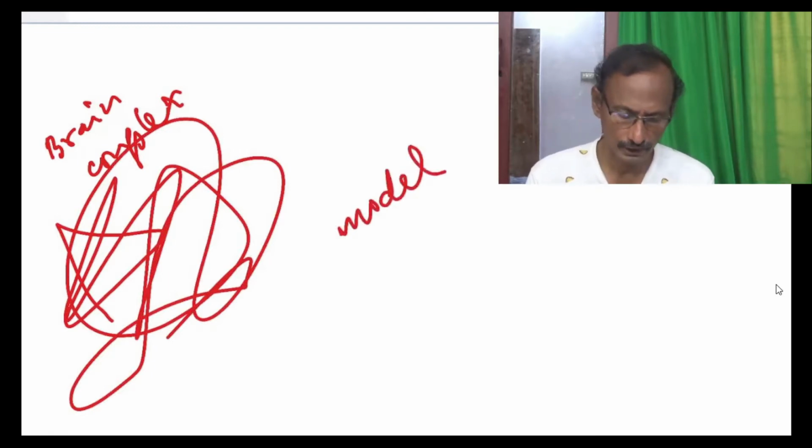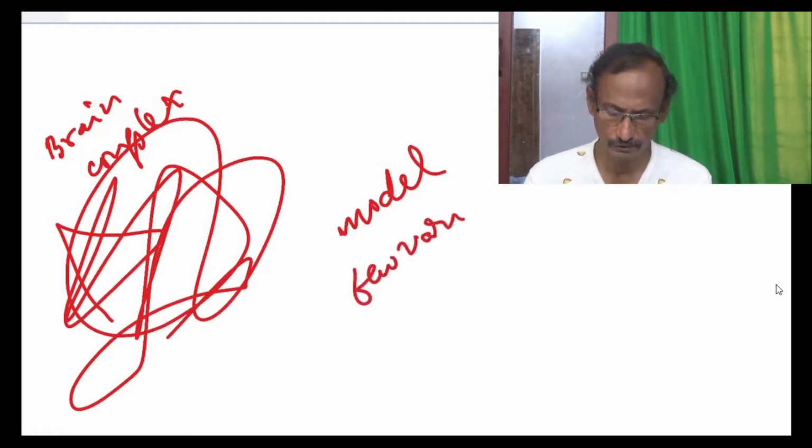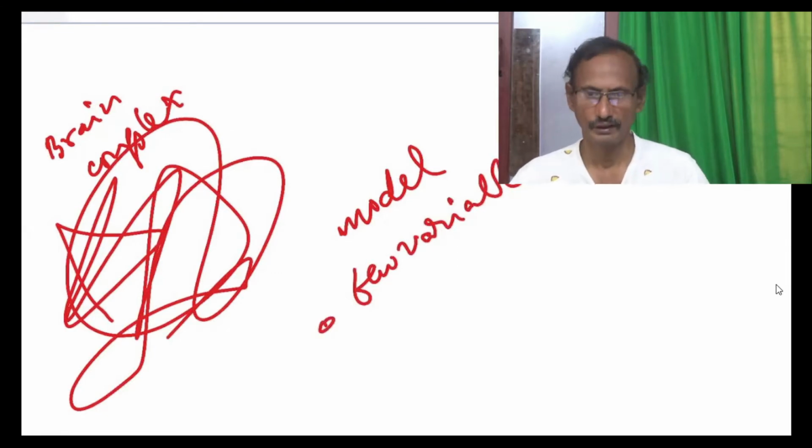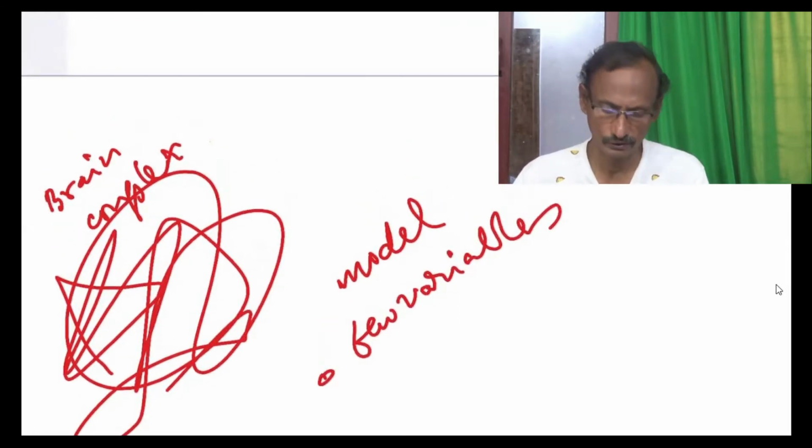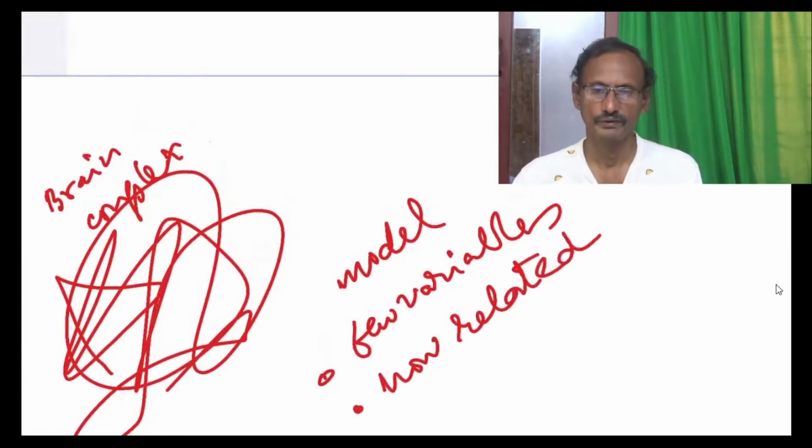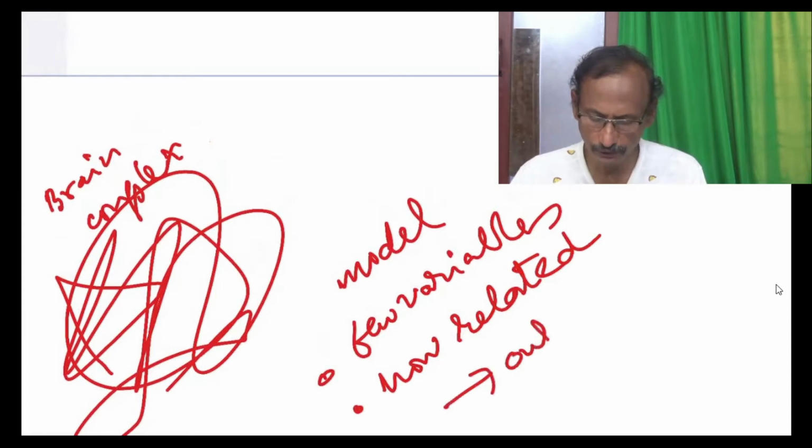If there are many variables here, take only a few variables, and work out how these variables are related. In fact, how they are working together to produce a particular outcome.